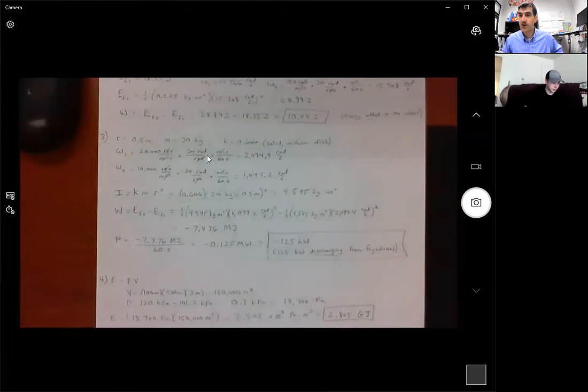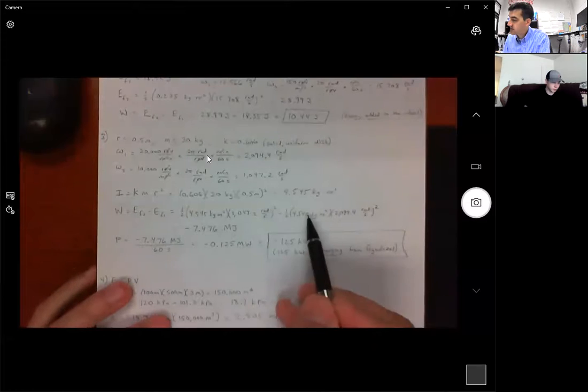But that's okay. We know what that means based on our discussion last time, as well as all the way back in the first part of the semester. If we get a negative number, that means energy is being drawn out of the system. So it's discharging. In this case, we are discharging our flywheel, which is exactly what it says in the problem statement.